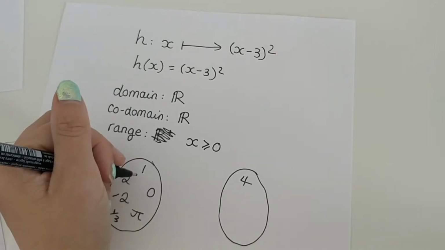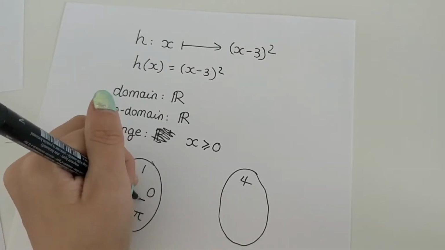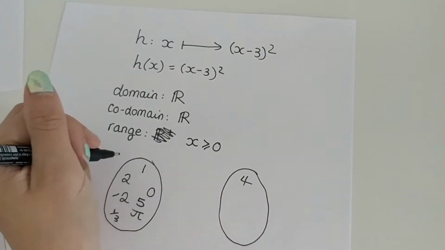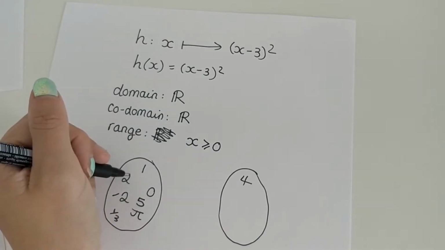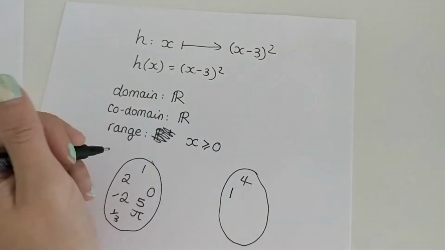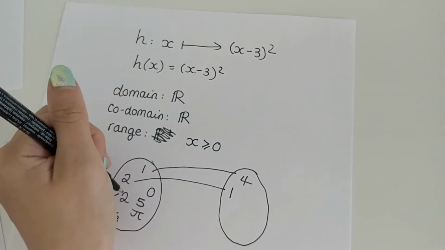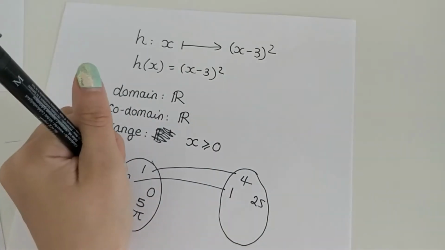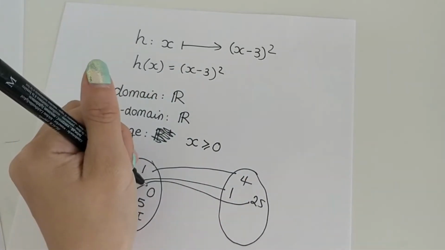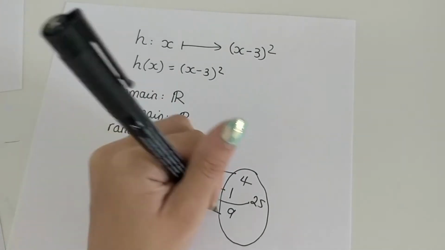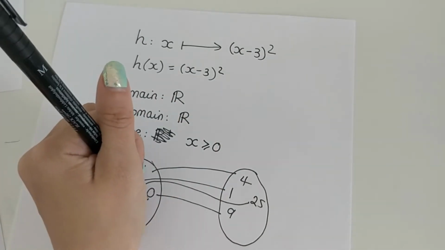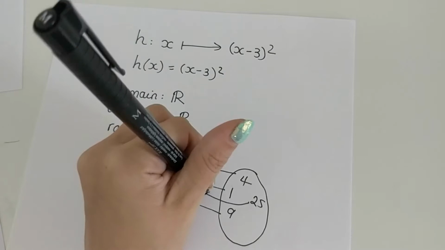How about I put 5? Yeah, let's put 5 in there. Okay, 2 take away 3 is minus 1 squared is 1. Minus 2 minus 3 is minus 5 squared is 25. 0 take away 3 is minus 3 squared is 9. 5 take away 3 is 2. 2 squared is 4. Oh.